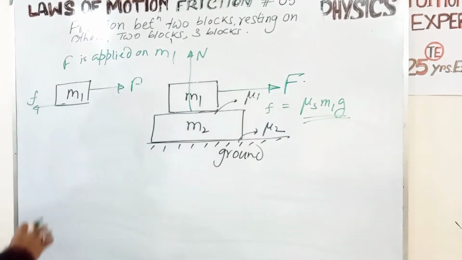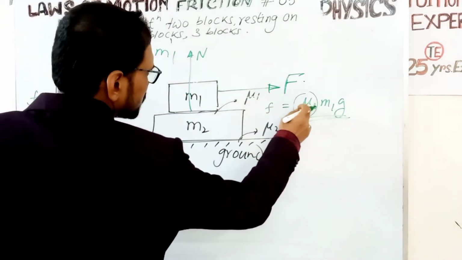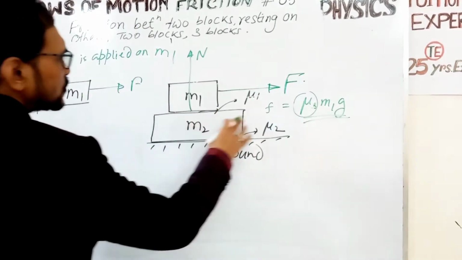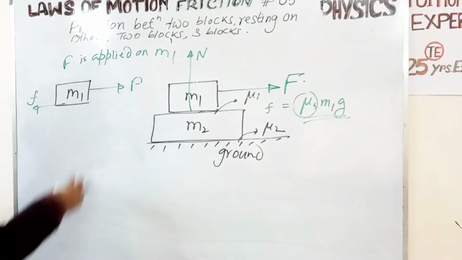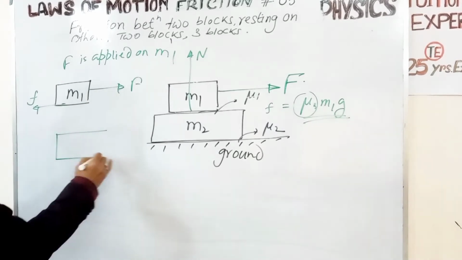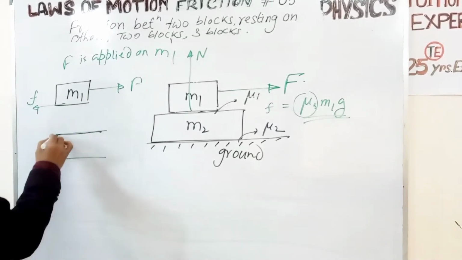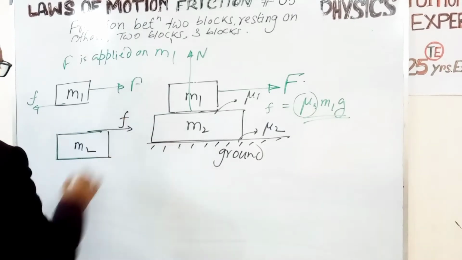If the force is greater and the two blocks move with an acceleration, then we use mu k, and if they don't move, then we use the friction force mu s. So force is applied here, F1. Now for m2, this is the driving force.